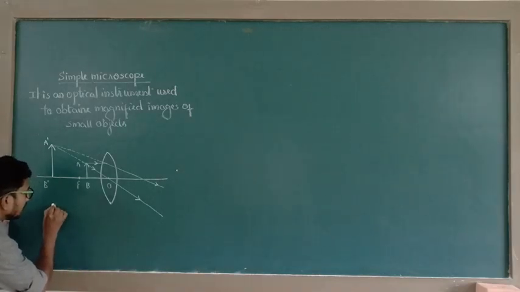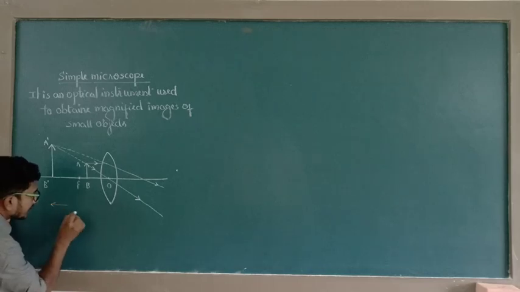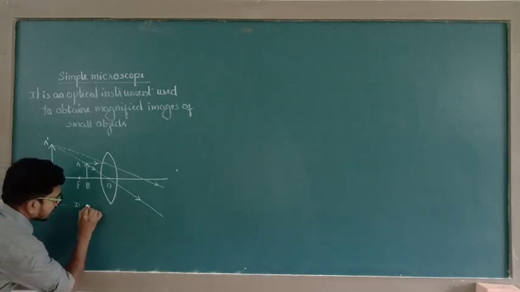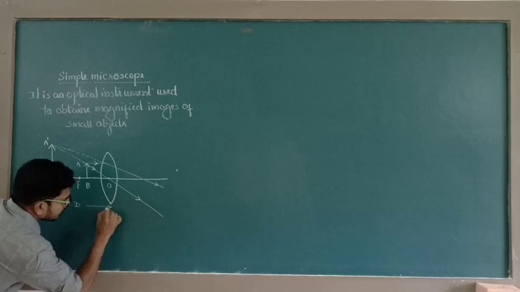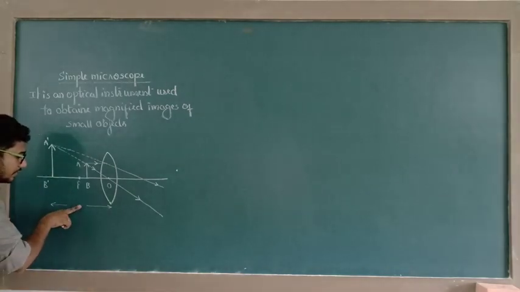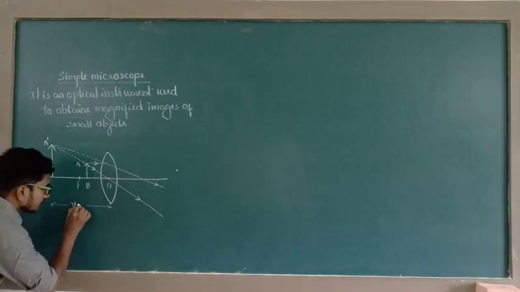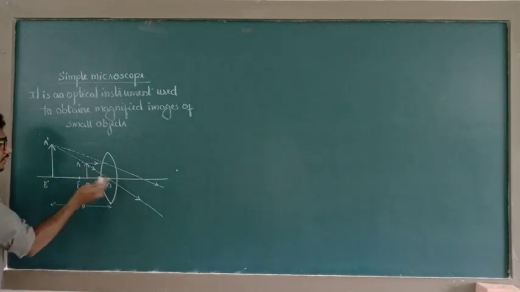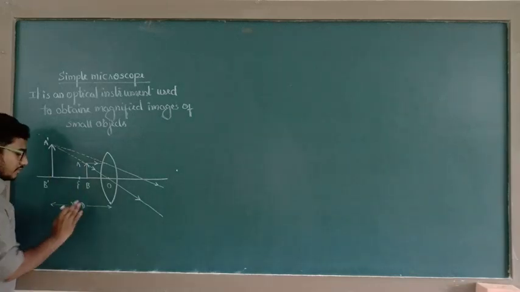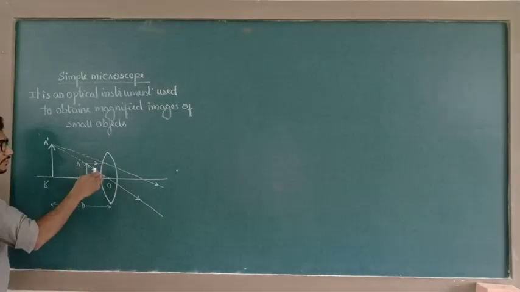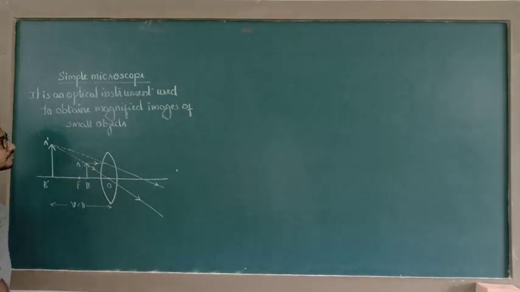That means this distance is equal to capital D, that is the image distance. If you want, you can write V is equal to D. That means this image lies at 25 centimeter from this optical center.